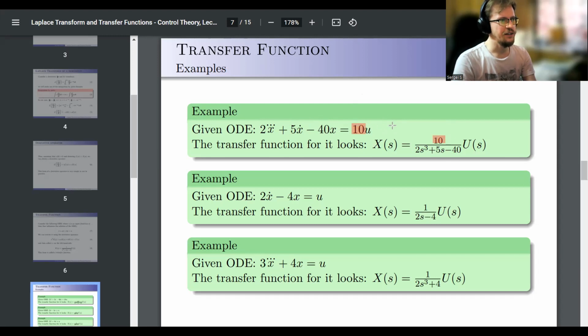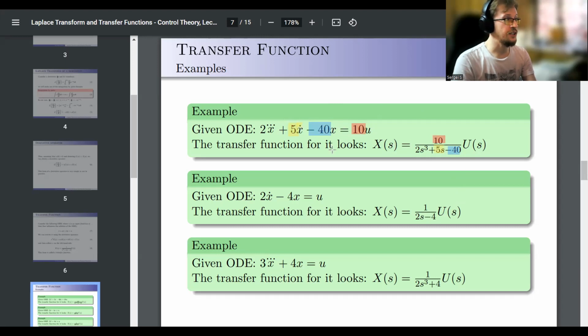So 10 goes here. Now, what happens with 40? Minus 40 gets here, in front of the coefficient with no s because no differentiation. What happens with 5? Well, 5 becomes 5s because of this dot here.